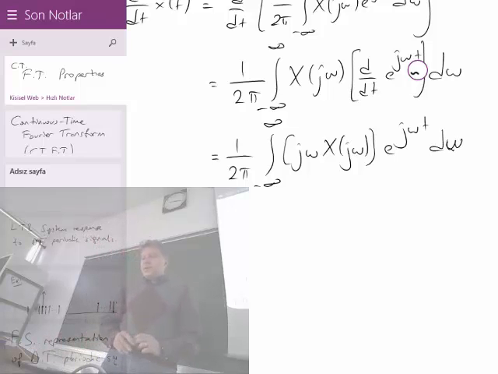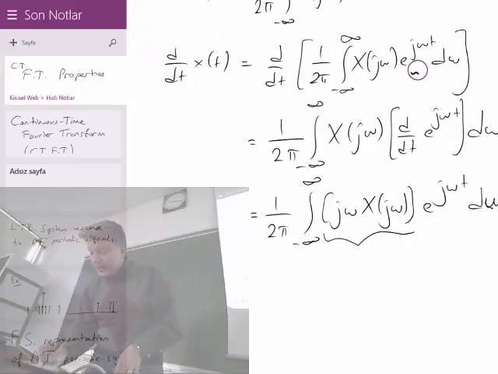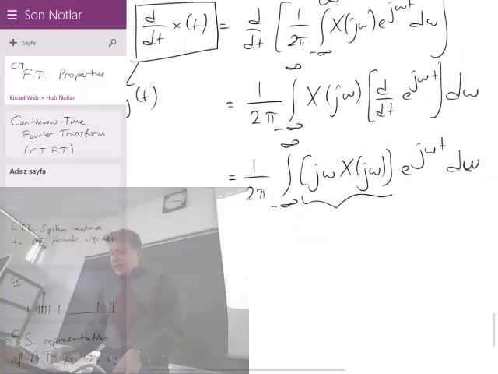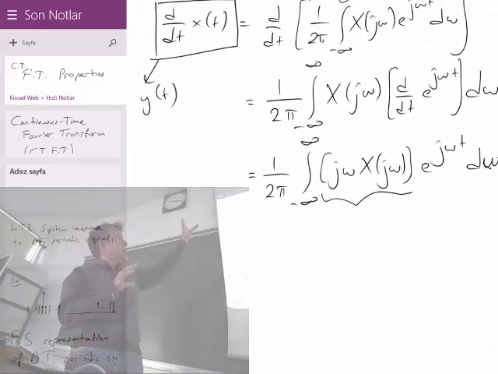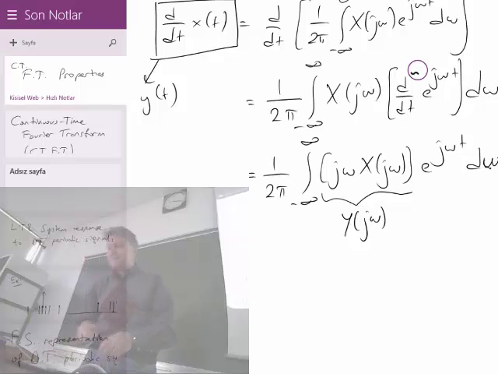Okay. Now from here we can see that this must be the Fourier transform term for our new time expression. What is our time expression? It is here. Let's call it y of t. And then, with respect to this expression, we can say that this thing that I write here must be the Fourier transform of that y of t, which is y of j omega.